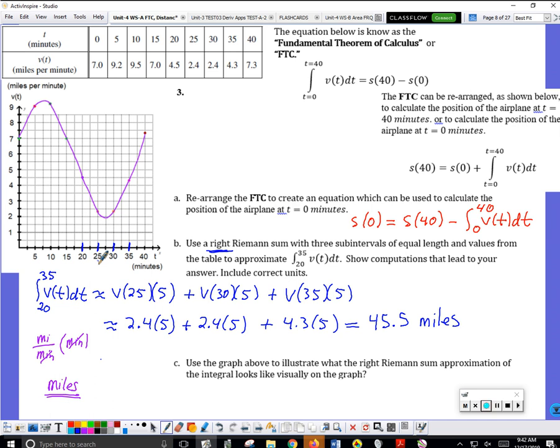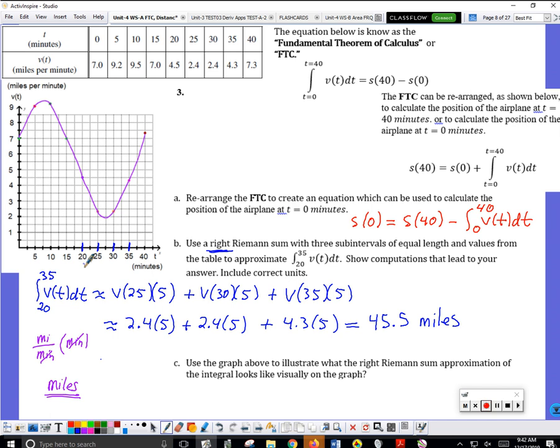If it's a midpoint Riemann sum, look at the first subinterval. What is the time that is in the middle of the first subinterval? What's the precise time that is the middle of the first subinterval, Mary? 22.5. Look at the table.